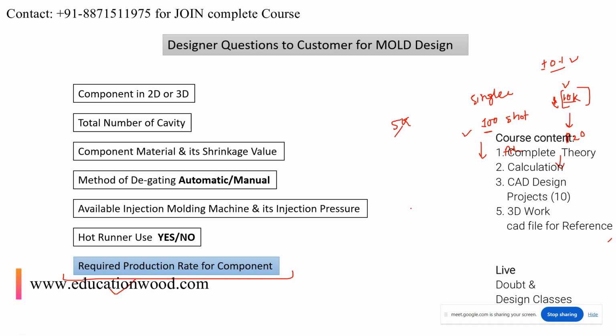For example, if we use aluminum for the core and cavity, what is the time required? Tell me, what is the VMC charge per hour? Around 300, the 300 is very cheap, I think, or 500 per hour, right?